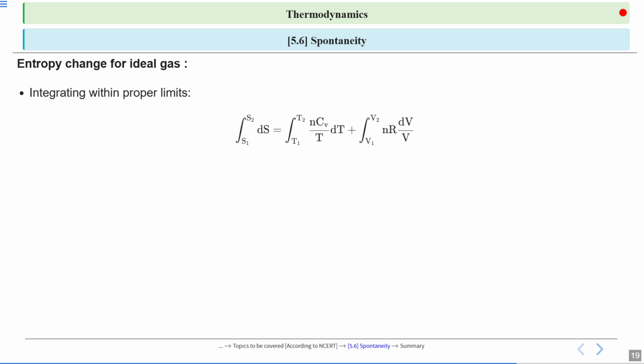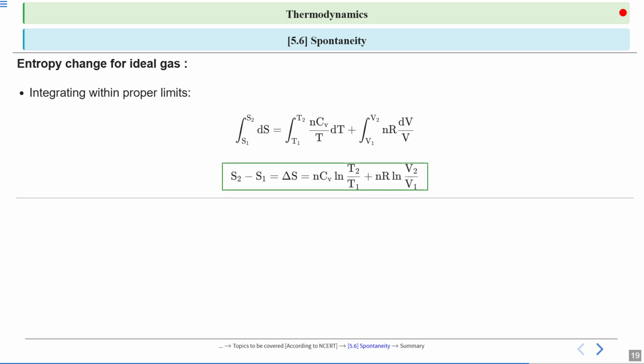So for entropy we have S1 to S2, temperature T1 to T2, and volume V1 to V2. If you integrate it, you will get your final equation as S2 minus S1, which we have represented as delta S, is equal to nCv ln T2 by T1 plus nR ln V2 by V1. So this is our final equation for the entropy change for ideal gas.